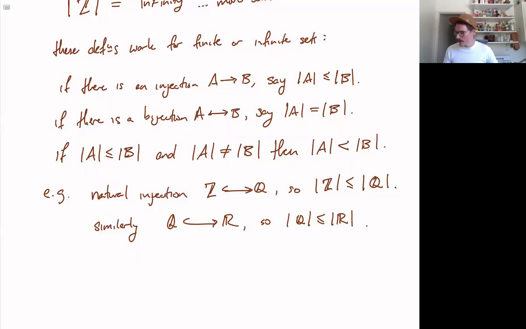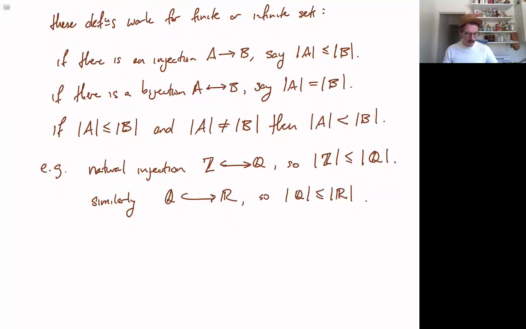And just to give one example where we have a strict inequality so far, if you take some finite set, you can find an injection into the integers. But there is no bijection.